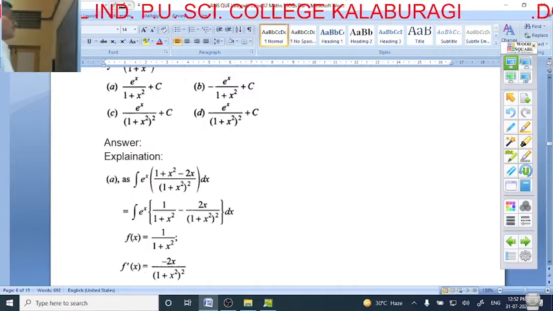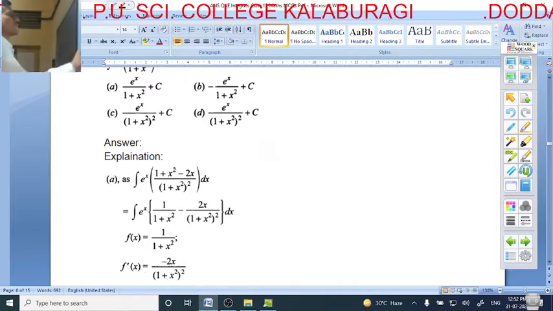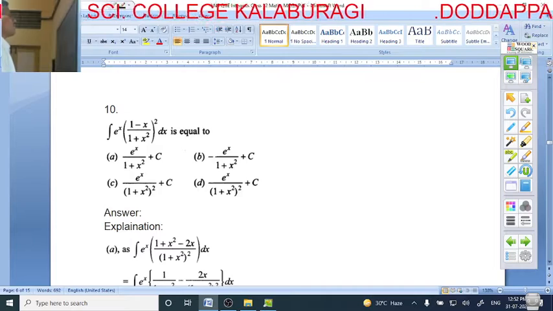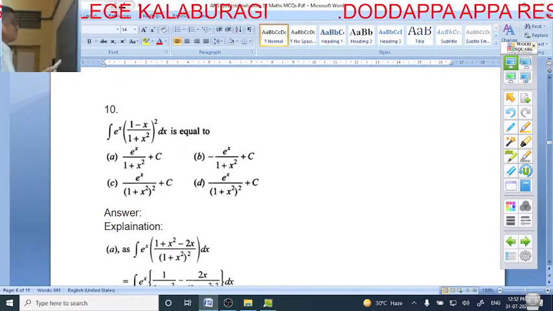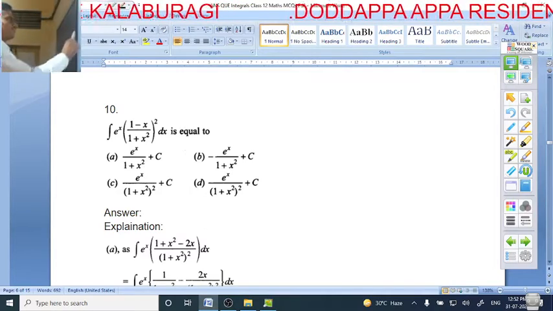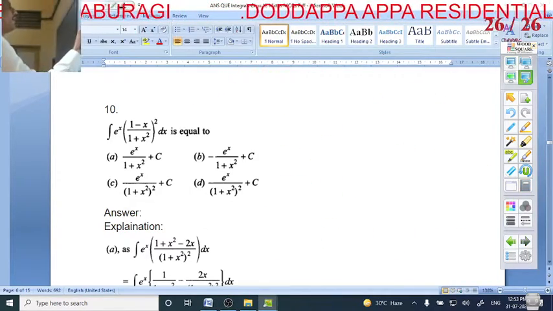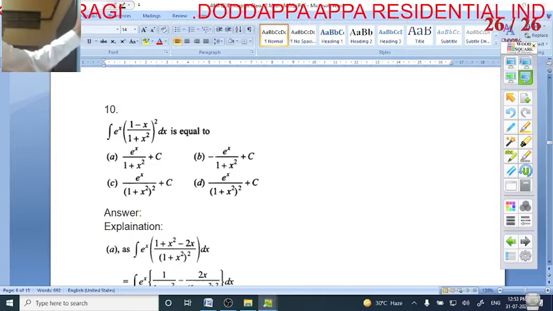So expand the numerator. Now I am writing it, if it is not understood.